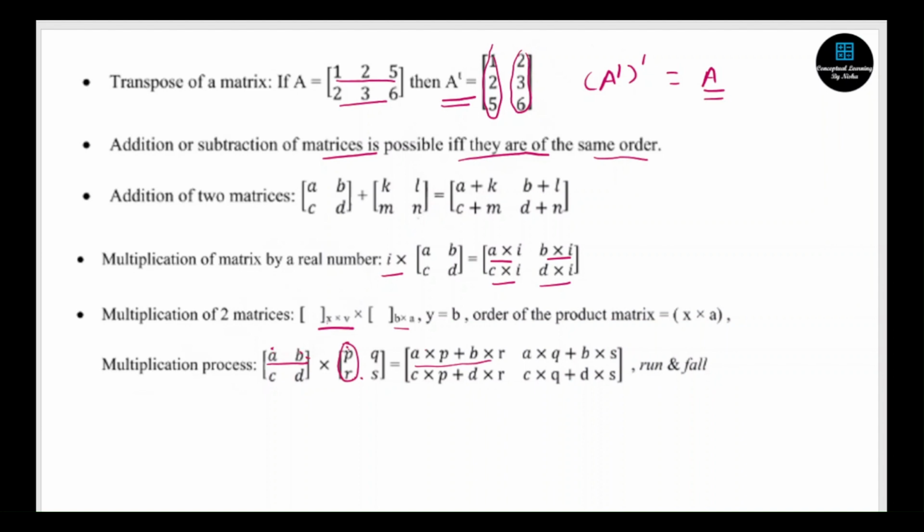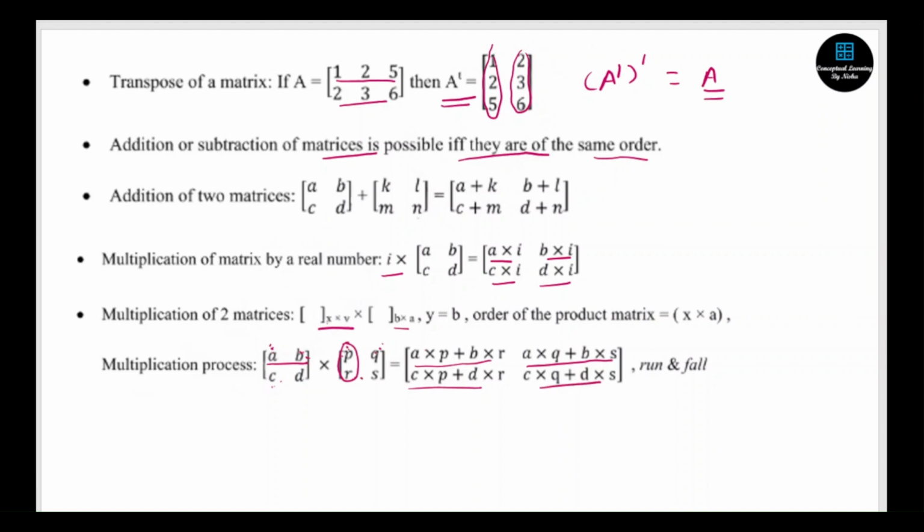Same, take the first row and now the second column: A into Q plus B into S. Now with the second row: C into P plus D into R, and then C into Q plus D into S.